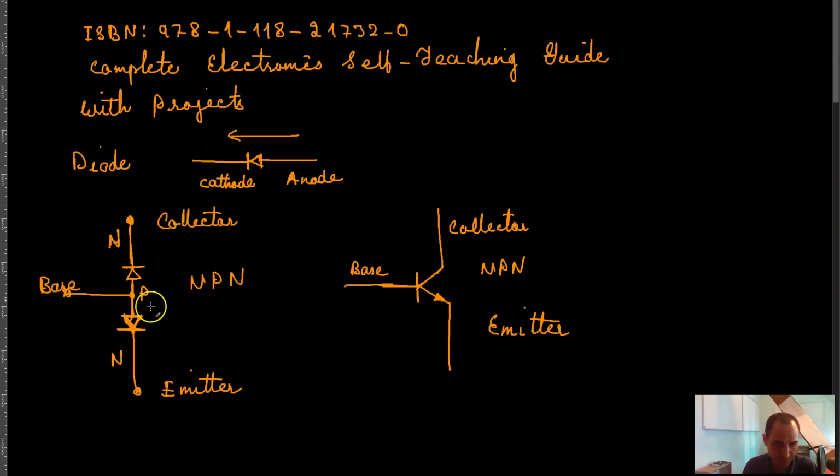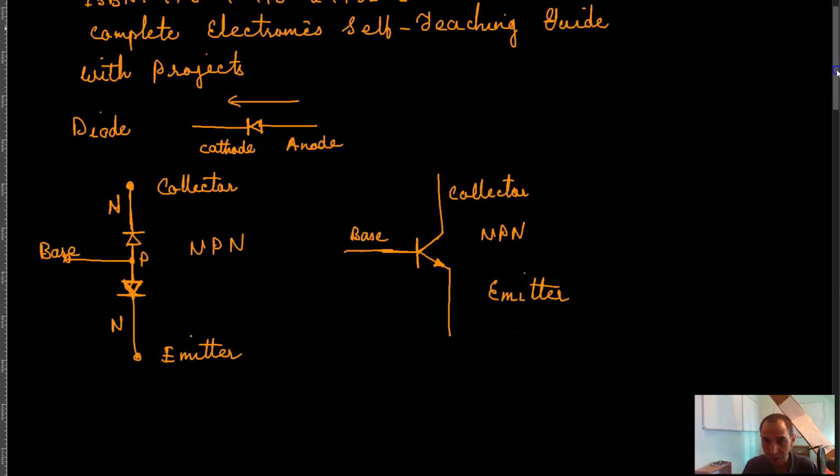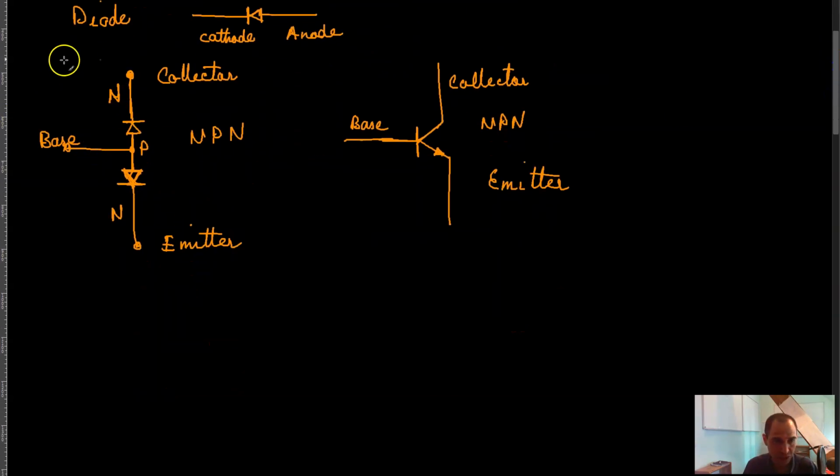Meaning that, for example, when you want to put this transistor in a circuit, if you understand and know this, and if you know how to forward bias a diode, then you can essentially build a circuit using an NPN transistor. So I have this transistor over here. I can actually draw it using the diodes.